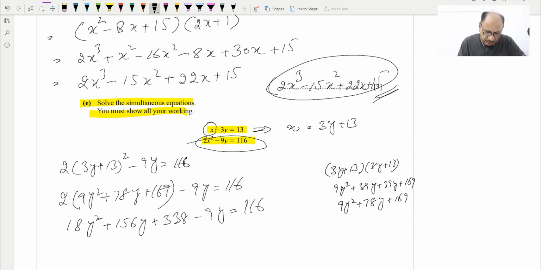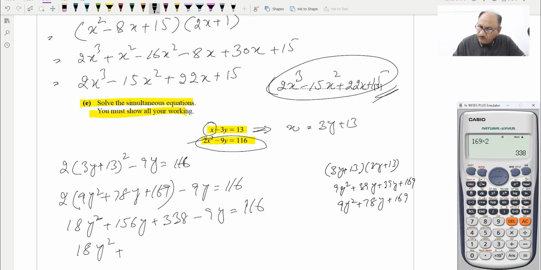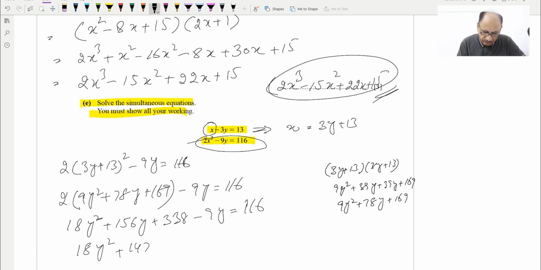And now we can add the like terms. So 18y square, and this will be 156 minus 9 equal to 147y, plus 338 minus 116.